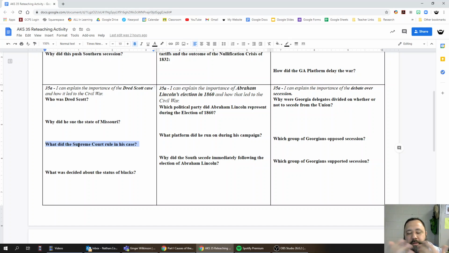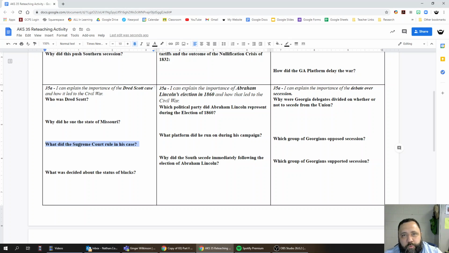They ruled that Dred Scott does not have a right to sue for his freedom because, in general, African Americans, and this helps us answer the second question, are not citizens, therefore they don't have what's called standing to come before the courts.